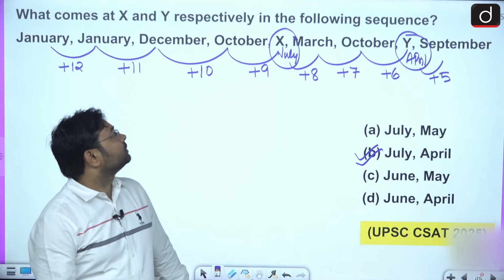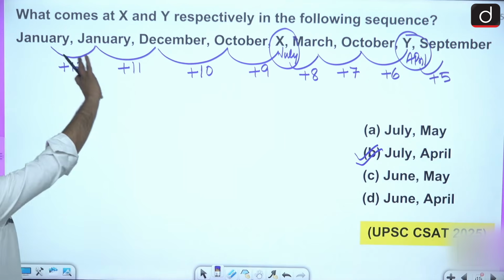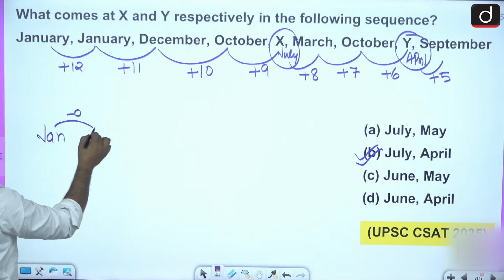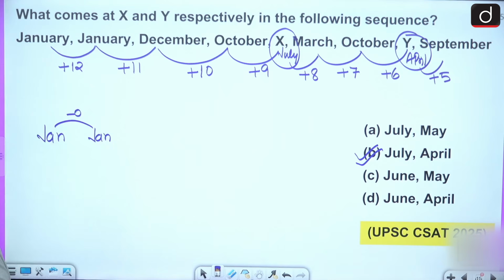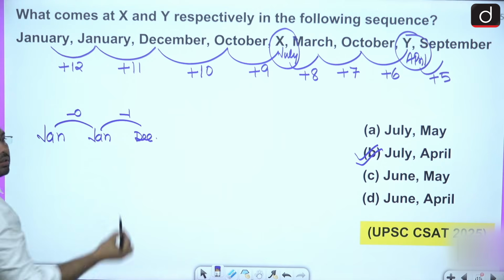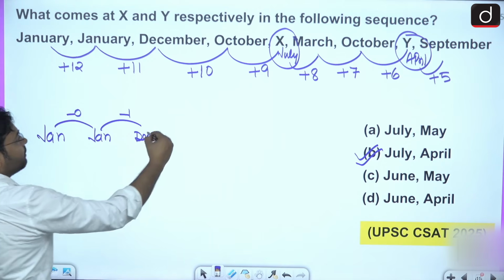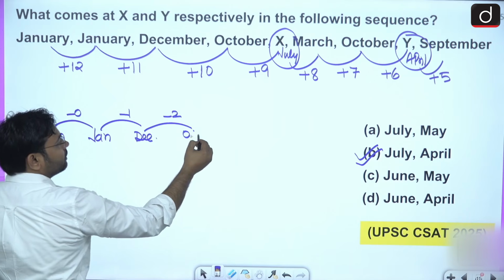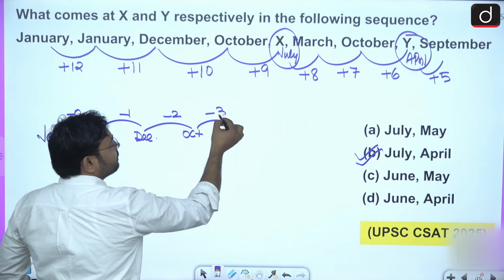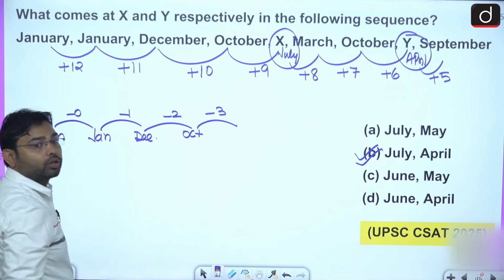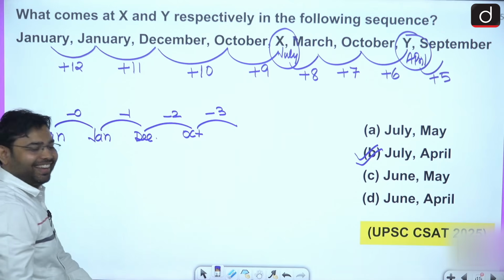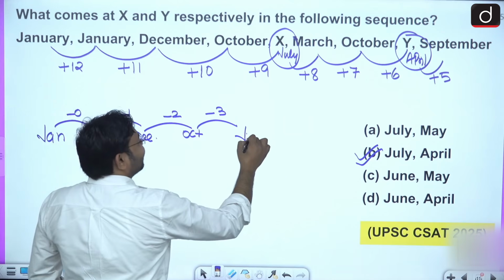Or if you are not adding, you can say January minus 0 is January. January minus 1 is December. December minus 2 is October. October minus 3 is July.